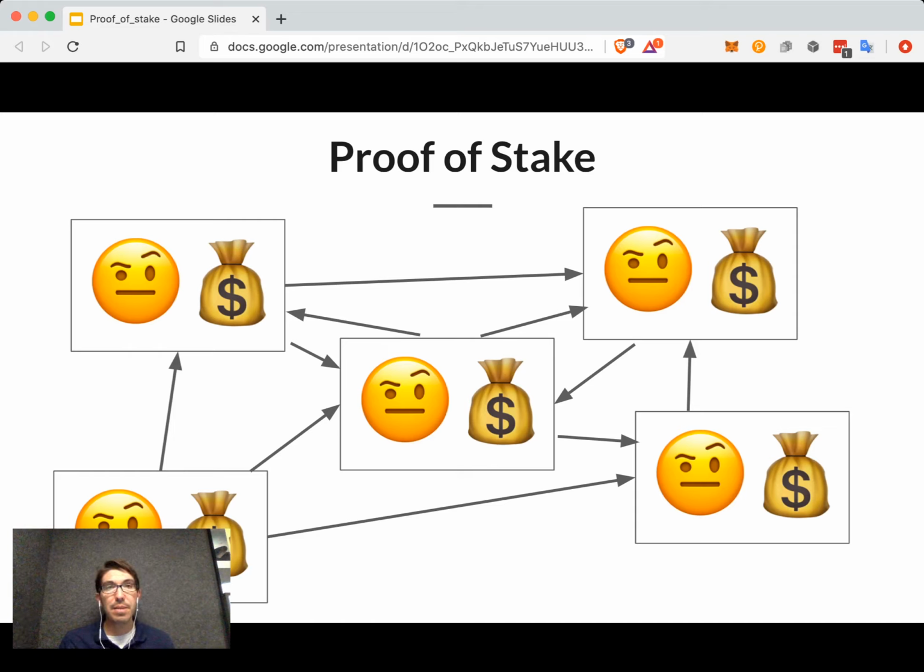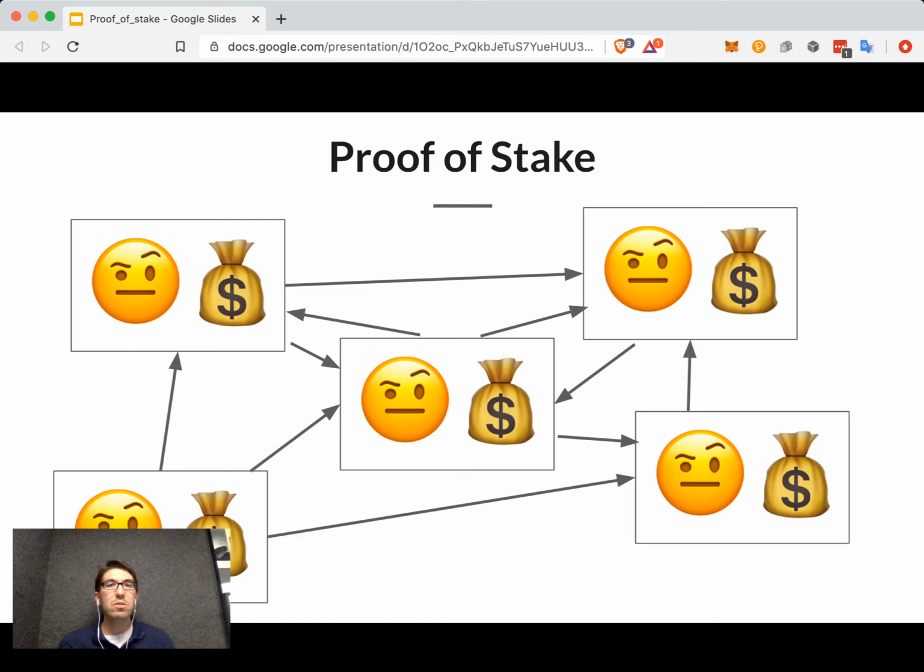You have to let them in the house, and you're worried they might steal something, or break the sink, or do something bad. So they may put $10,000 in the bank and say, okay, if I steal something from you, you can go to the bank and get $10,000 out of it.